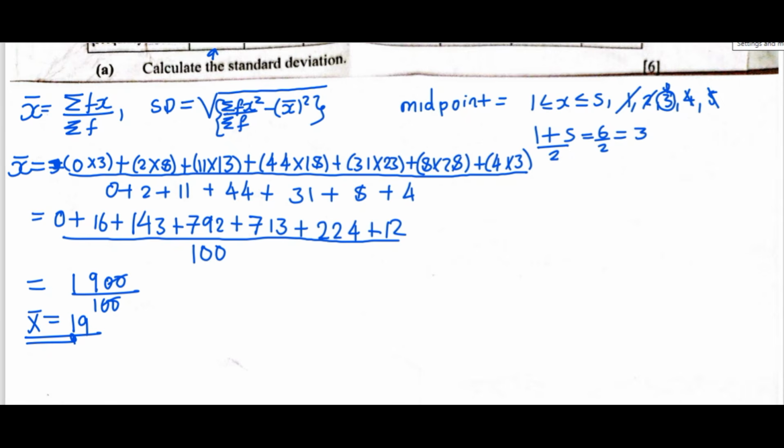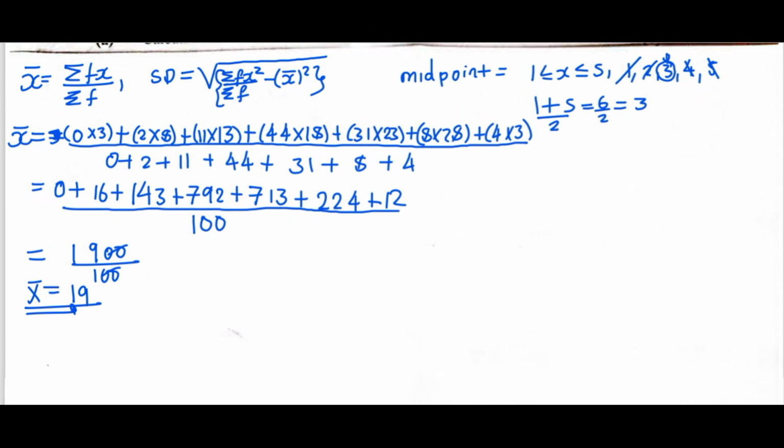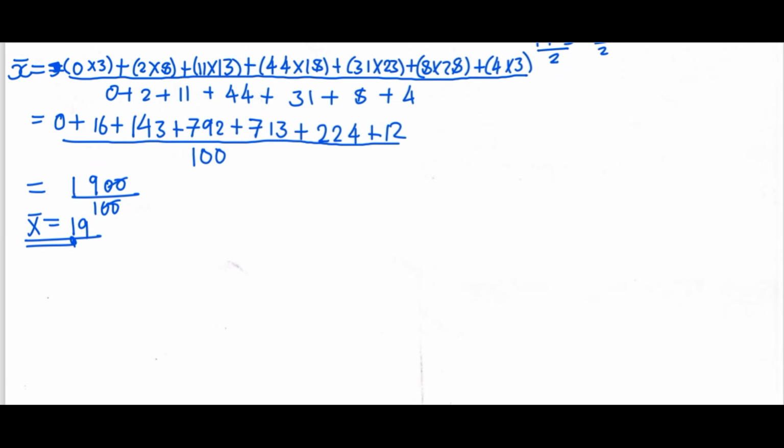So from the formula for standard deviation, we now need to find the summation of f of x squared divided by summation of frequency. So that is what we are going to look at here. So summation of f of x squared over summation of f.